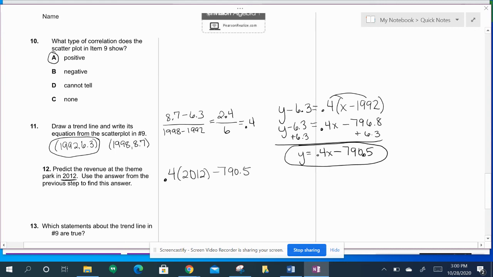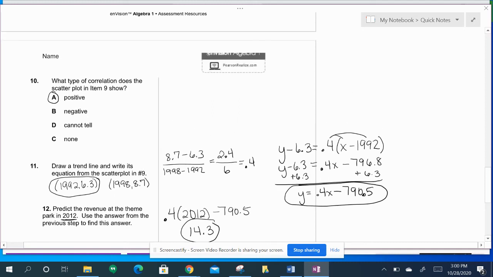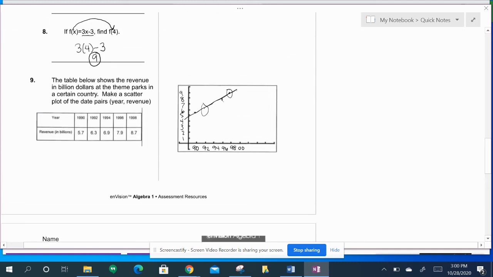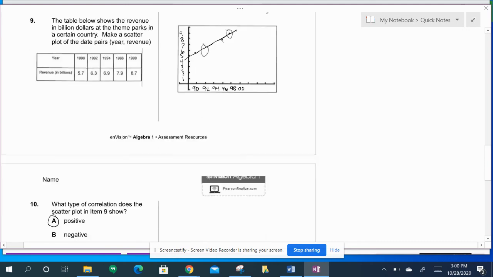So 0.4 times 2012 minus 790.5. I get in this case an answer of 14.3. And if I come back to my graph, I'm just going to look and see if that seems reasonable. So 2012 would be out here a little ways, and yeah, that makes sense that it would be up here, probably around the 14.